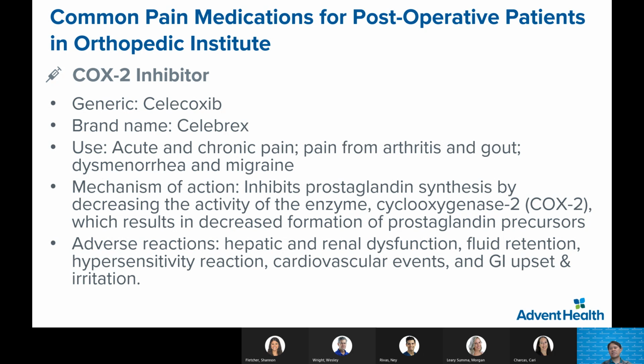It is effective because it inhibits the prostaglandin synthesis by decreasing the activity of the enzyme COX-2. Adverse reactions are hepatic and renal dysfunction, fluid retention, hypersensitivity reaction, cardiovascular events, which is arrhythmia or tachycardia, and GI upset and irritation.